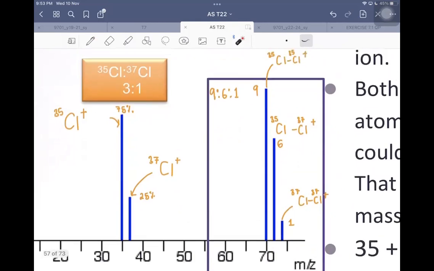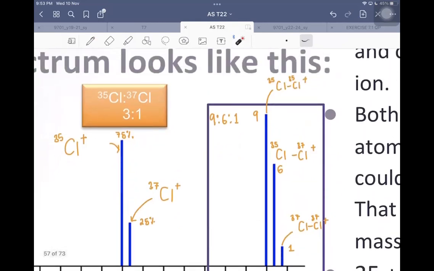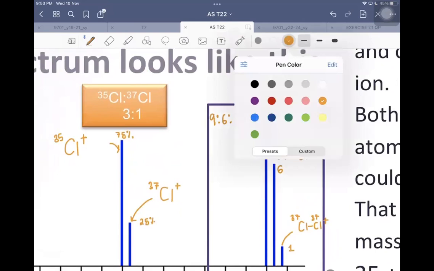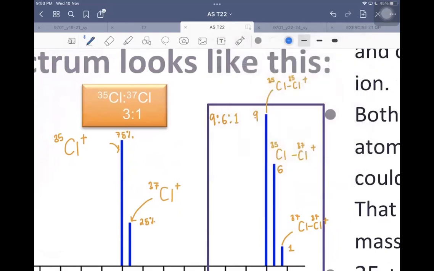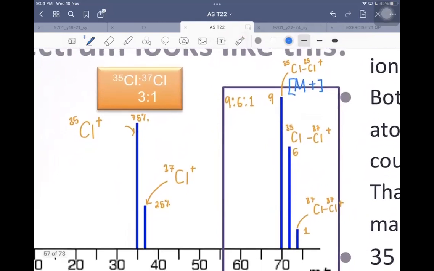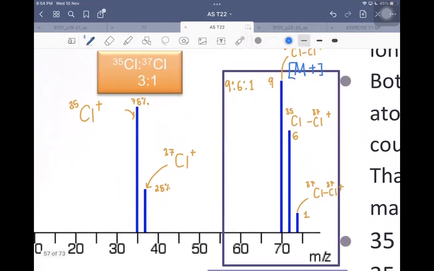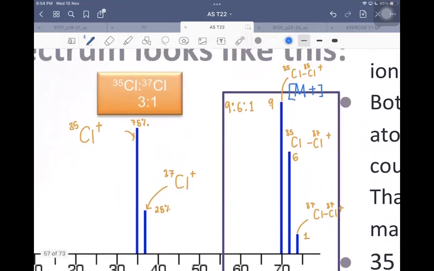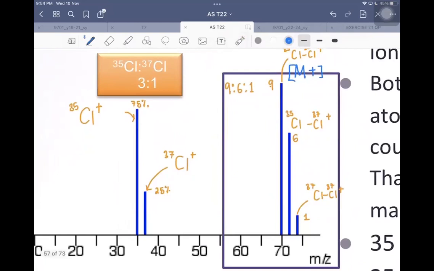So how do I label this in terms of M? My molecular ion is this chlorine 35 and chlorine 35, right? My next peak is at 72. The difference between 70 and 72 is 2 units, correct?